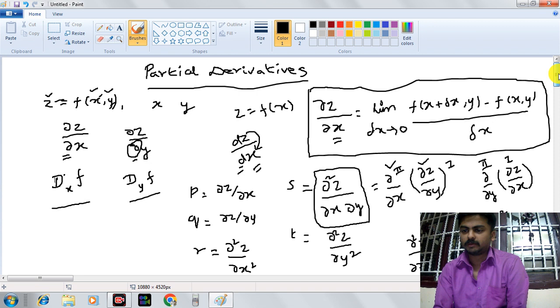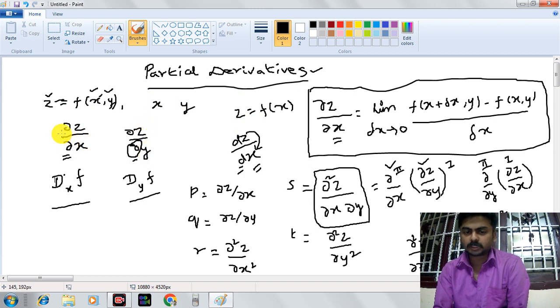So now we have seen what is partial derivative. Partial derivative means it is a differentiation when there are two or more independent variables involved in a function. So when a function can be written as a function of two or more independent variables, it is not possible to differentiate ordinarily, so we are using partial differentiation.